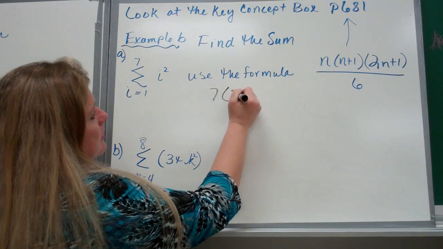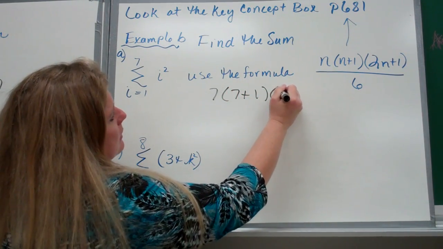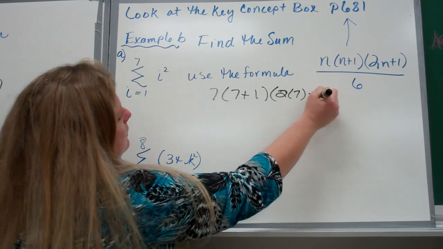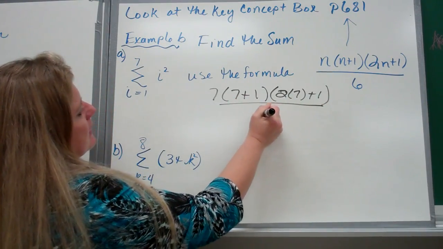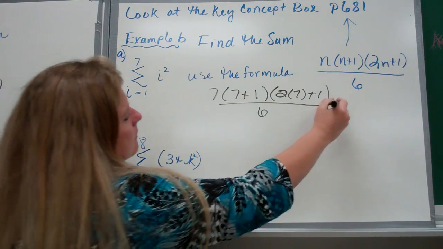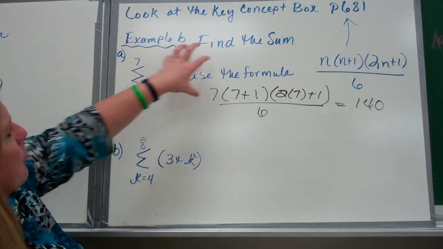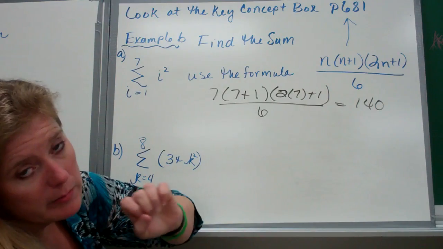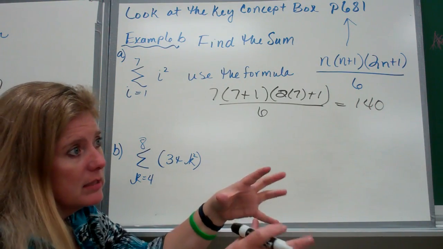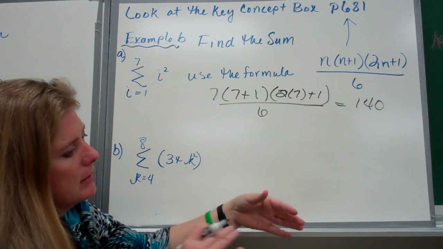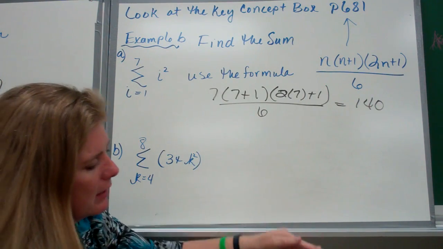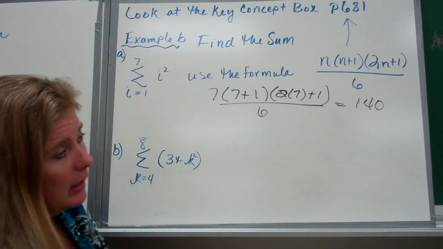So it's 7 times 7 plus 1 times 2 times 7 plus 1, blah, blah, blah, divided by 6. Do the math. The sum of that is 140. This problem actually comes from a problem in your textbook about a grocery stacking of apples, and it's got a square base, and they've got 7 layers, and they want to know how many apples are in the case.